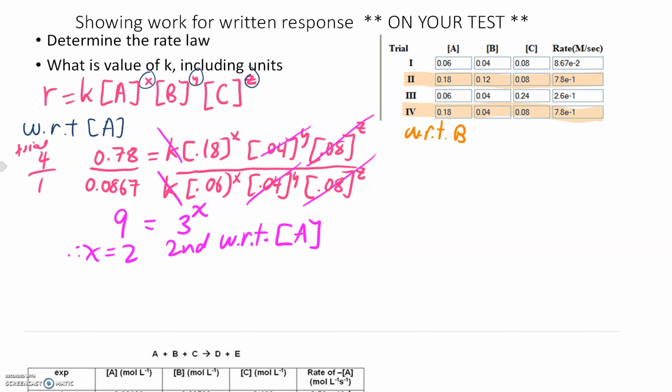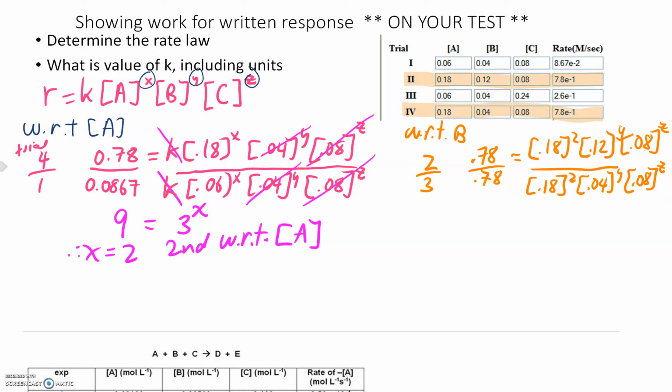Now, I know the answer is going to be 0th order because the rate didn't change, but to write all that out in words, it's just as fast to show the work. Because 0.12 is bigger than 0.04, I'm going to do 2 over 3.